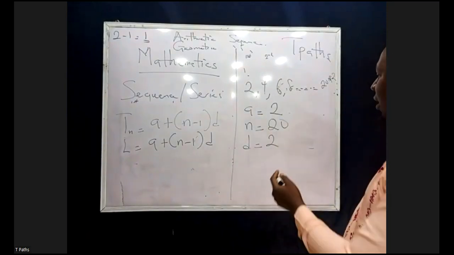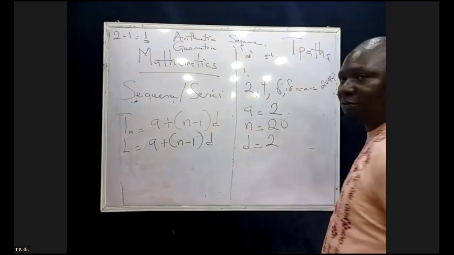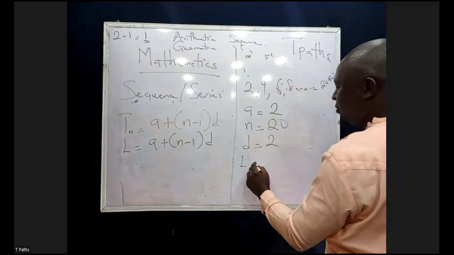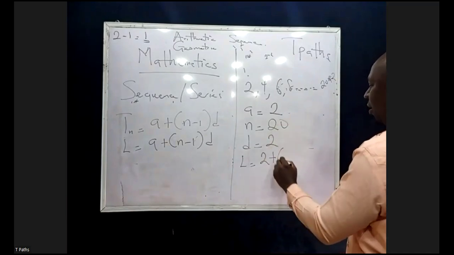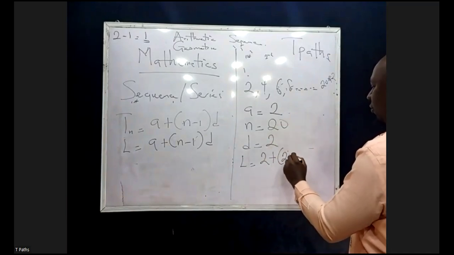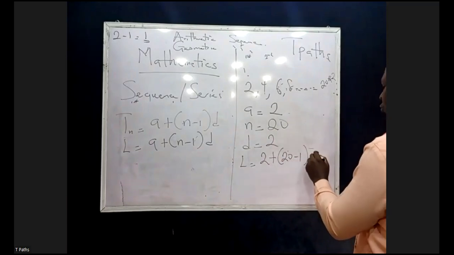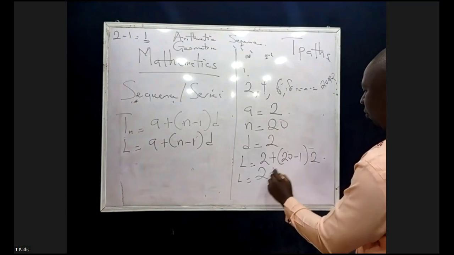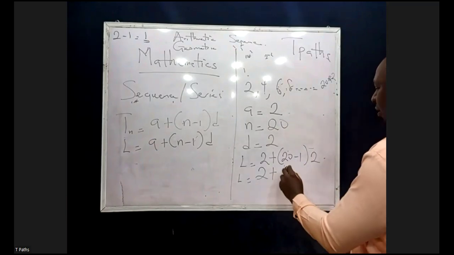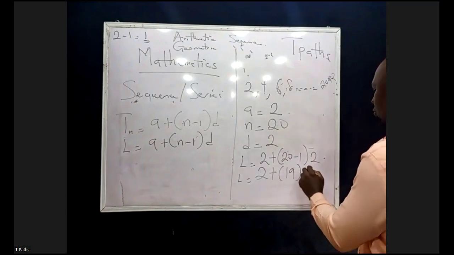Therefore, now you input these parameters into this formula to get your last term. Your L is equal to your A, which is 2, plus n, the number of terms, 20 minus 1, times D, which is 2. Now, your L is equal to what? 2 plus 20 minus 1 is 19, which is 19 times 2.